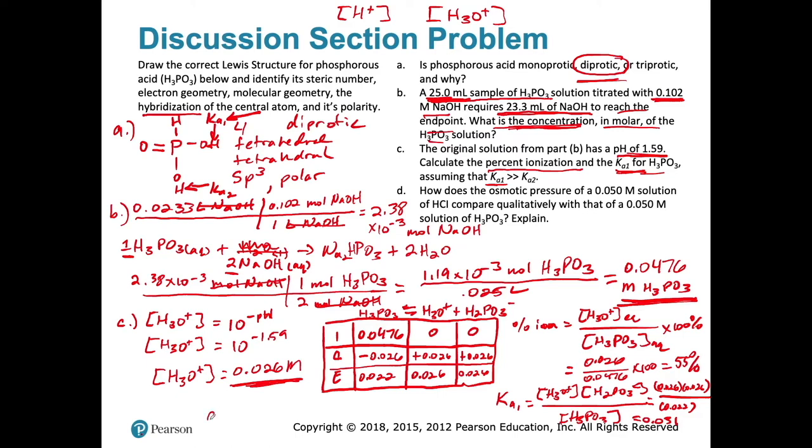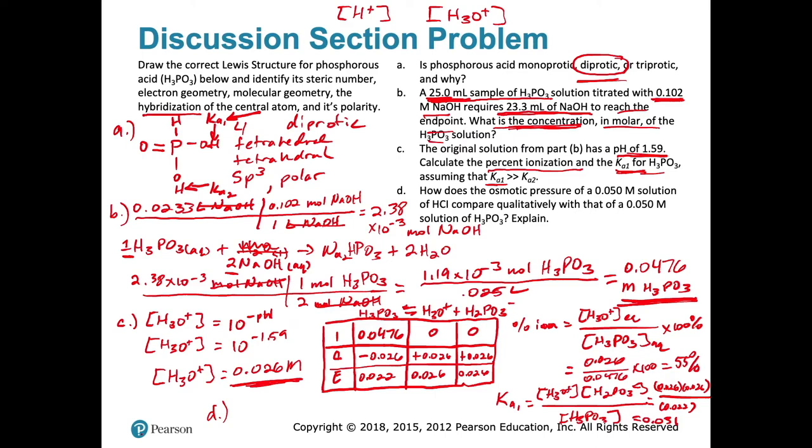And then the last one, D, says: how does the osmotic pressure of a 0.05 molar solution of HCl compare, qualitatively, not with numbers, to a 0.05 molar solution of phosphorus acid? If you remember from the solution properties lecture, osmotic pressure is all about how many particles you have that are actually dissolved in the water.